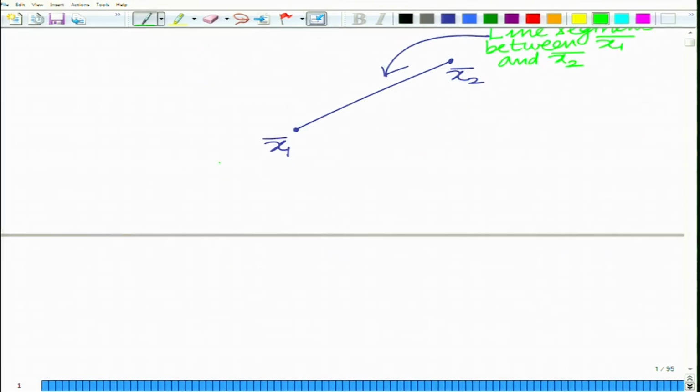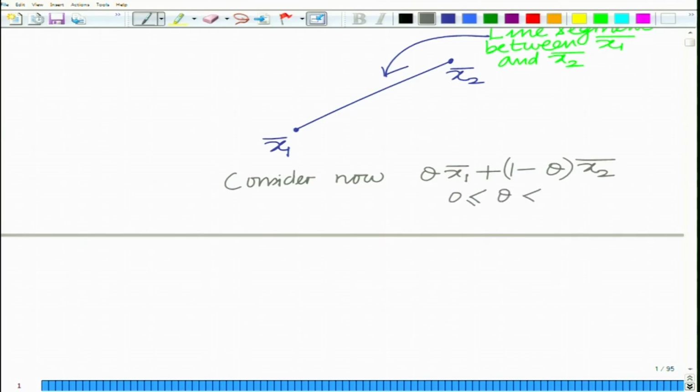Now, consider a linear combination of the form theta x1 bar plus 1 minus theta times x2 bar, such that 0 is less than or equal to theta is less than or equal to 1.